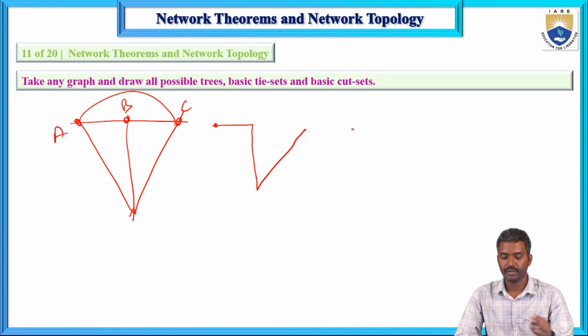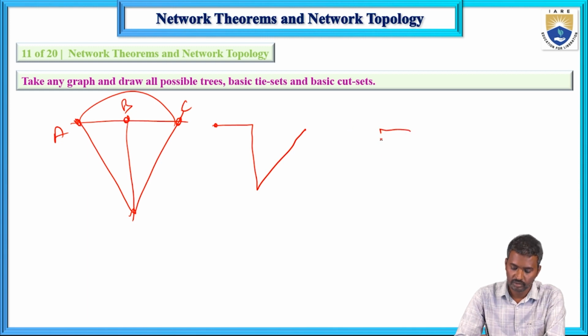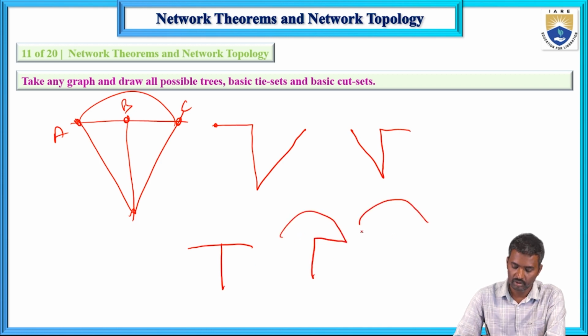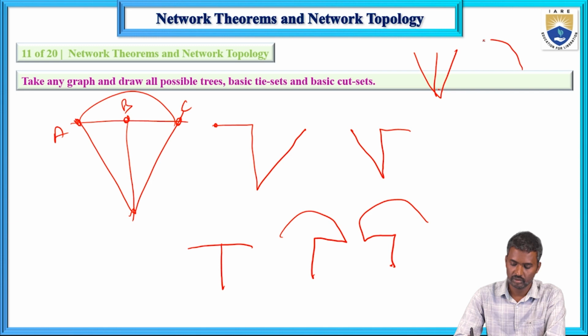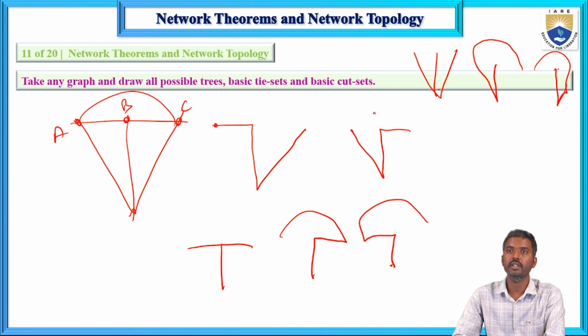And next this one, and next this one. So all these are trees which have all nodes without any closed path. For this we can determine basic tie sets and basic cut sets.